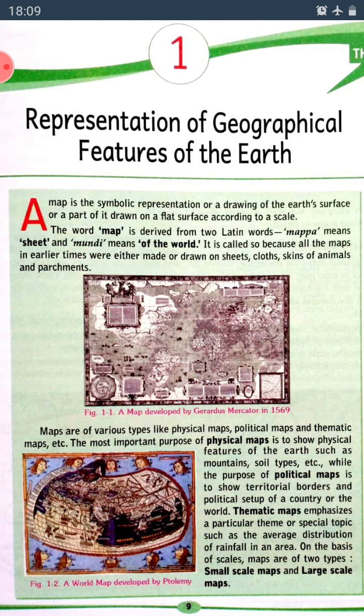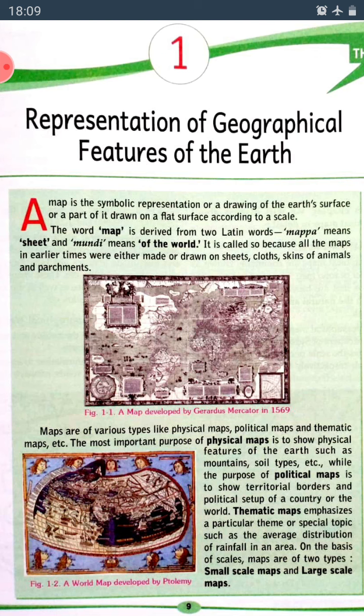So flat surface means it may be a paper, it may be a cloth, it may be a wall, it may be a leaf. So it must be a flat surface. The word map has been taken from the two Latin words, that is mappa and mundi. Mappa means the sheet and mundi means of the world.